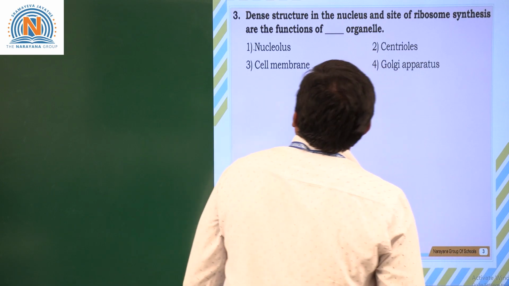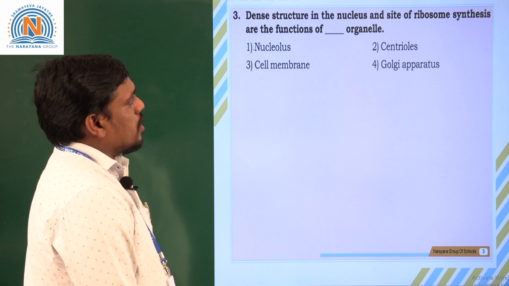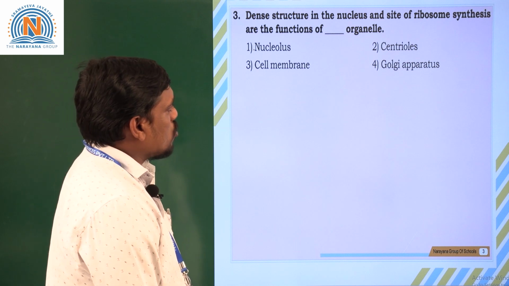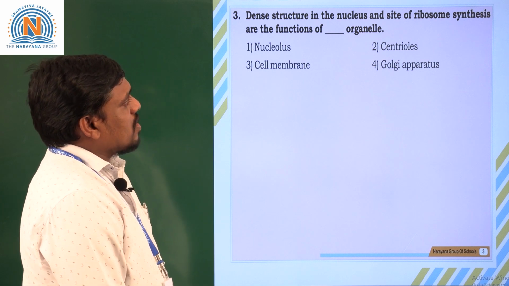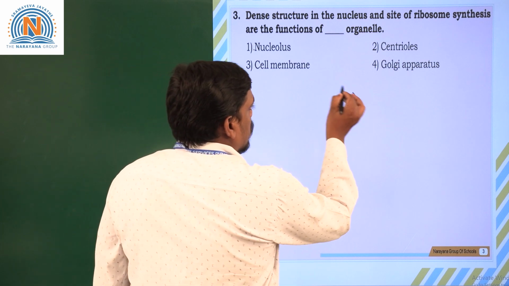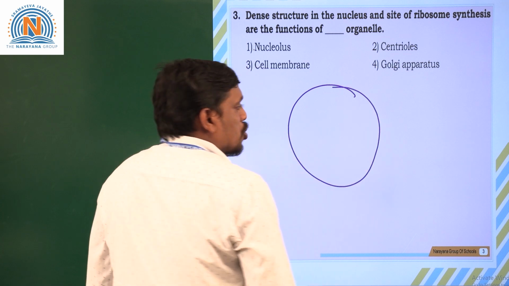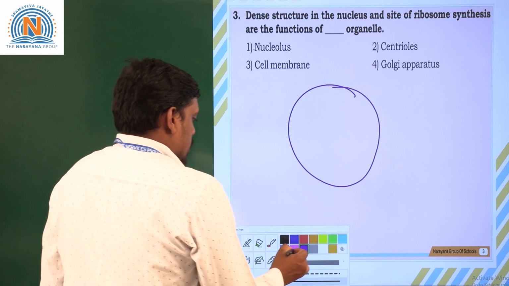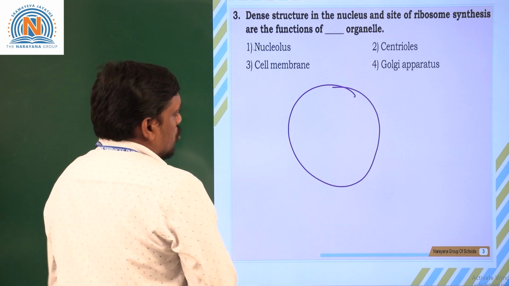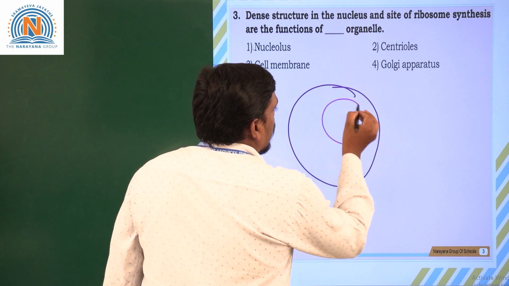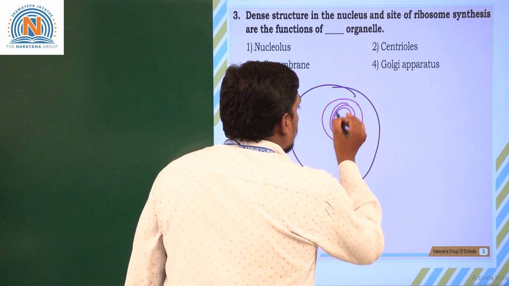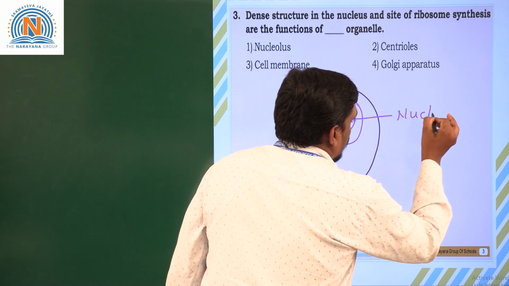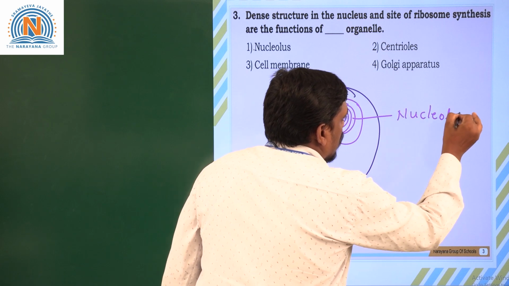Moving to the next question. Dense structure in the nucleus and site of ribosome synthesis are the functions of dash organelle. Suppose we take a nucleus. It's a large spherical shaped organelle. Inside this nucleus, what are the common parts you can see? You can see a special structure called nucleolus.